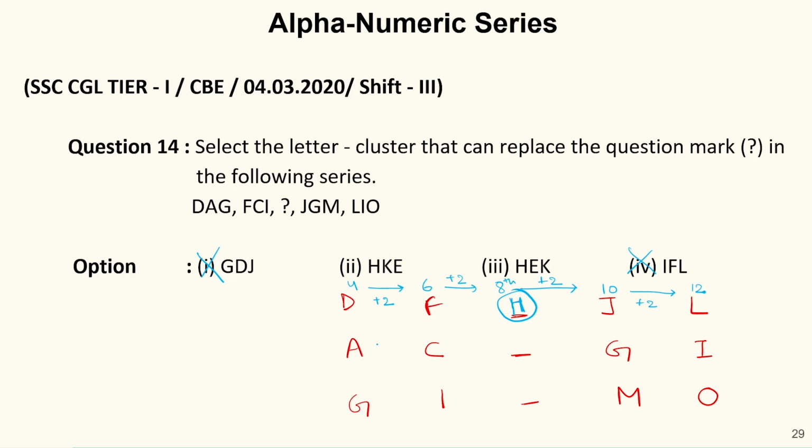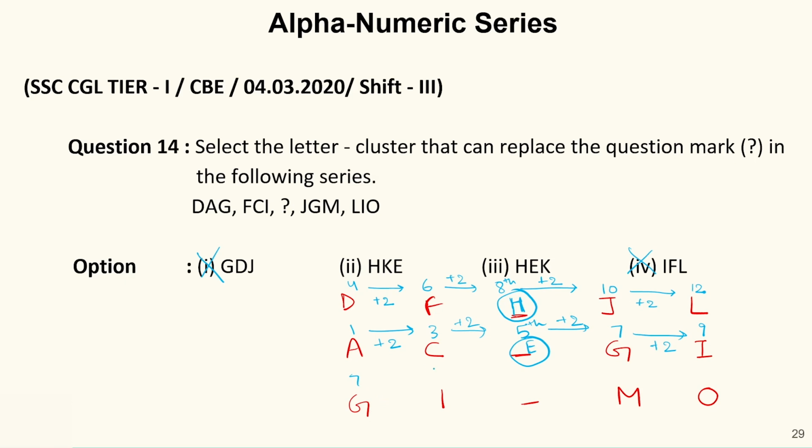Let's find out. From A to C, A is positioned at 1, C is positioned at 3, G is positioned at 7, and I is positioned at 9. So here also I can say that 2 positions are being moved forward, and here also 2 positions are being moved forward. So here also again 2 positions, that will give us the 5th rank, and the 5th rank belongs to E. So the second alphabet will be E. Now let's see.